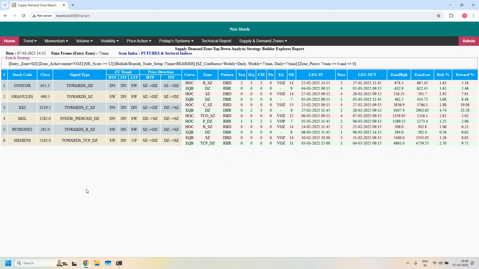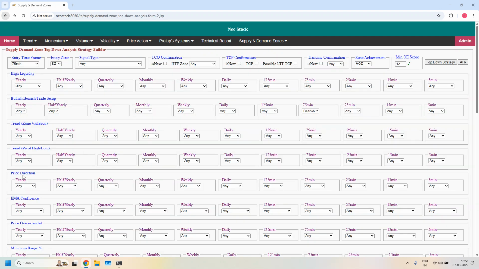Let's verify. I'm applying the EMA filter at weekly time frame, weekly supply zones having weekly EMA confluence. We are checking, and some of the stocks have weekly trend sideways. We don't want them. So that's why in the trend at weekly time frame, I'm selecting down because it is bearish trade setup. Let's filter.